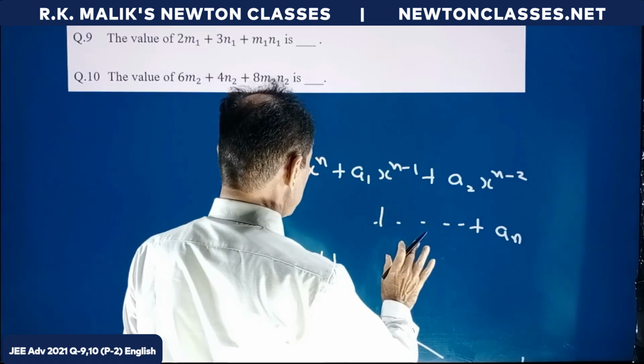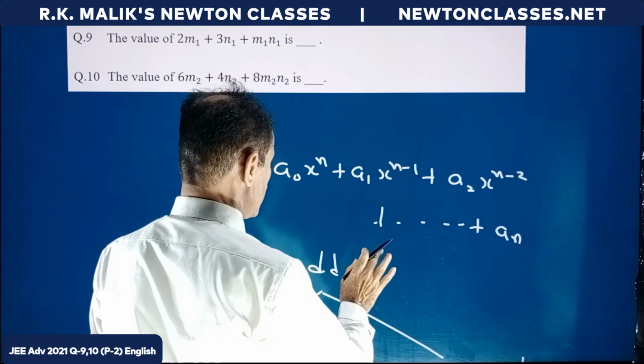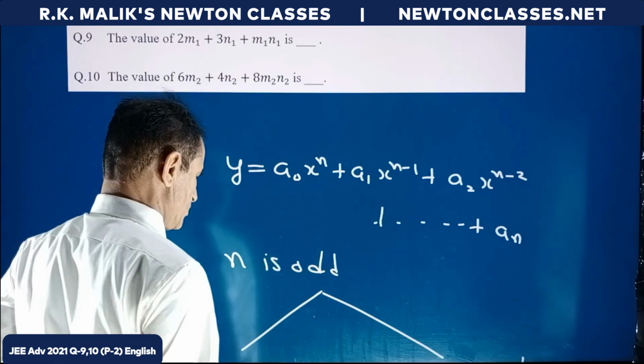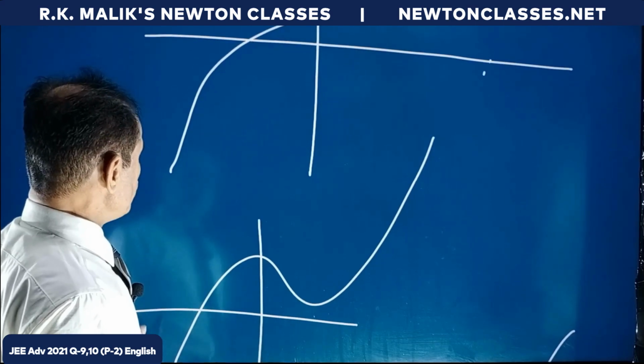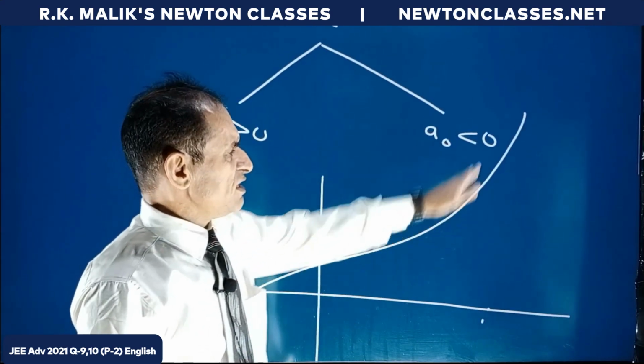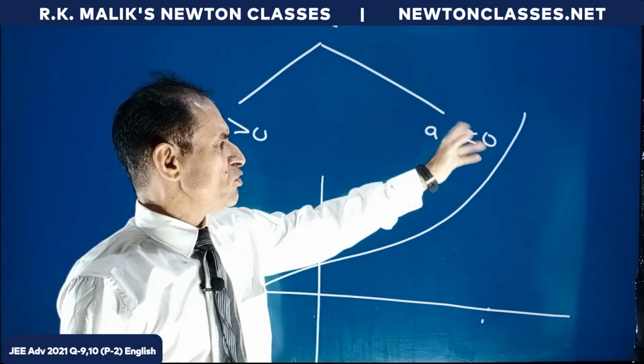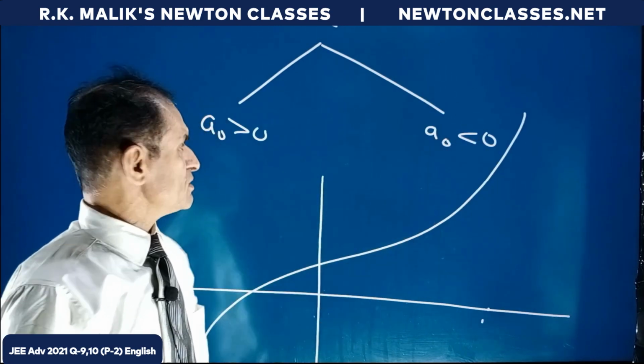The main thing in all these questions will be, if n is odd and a0 is positive, the graph will come from below and in the last it will go up. And the case of a0 negative will be opposite.